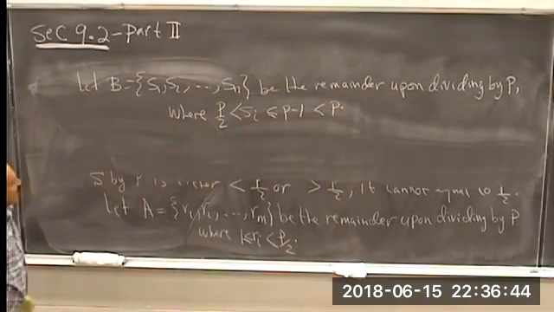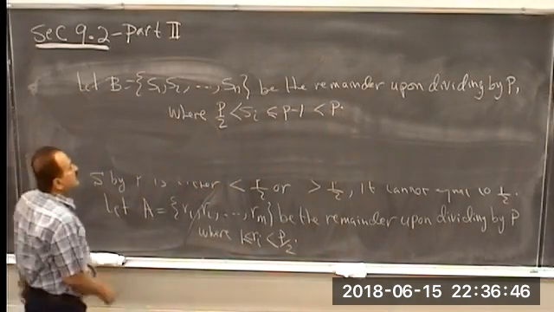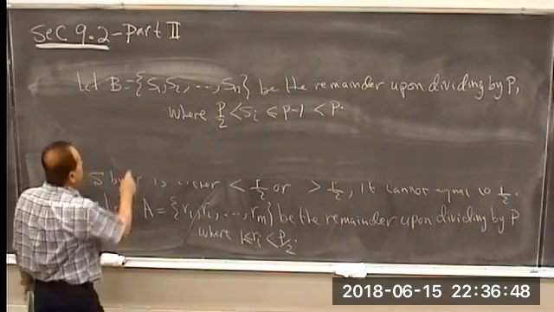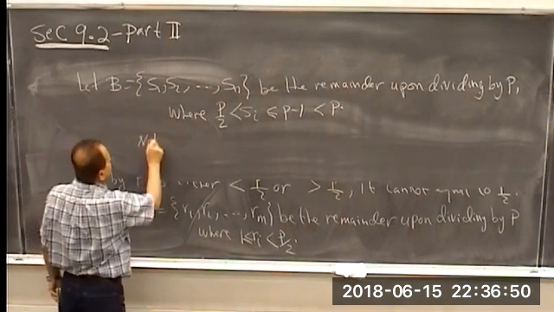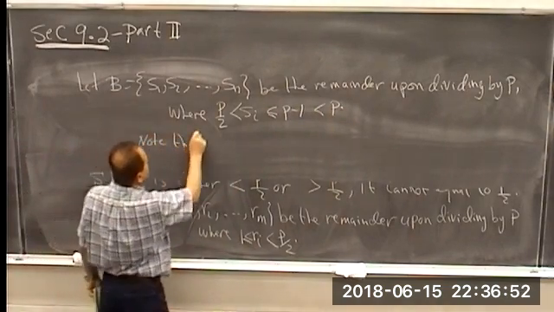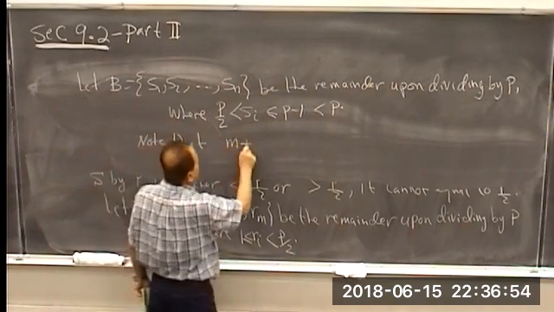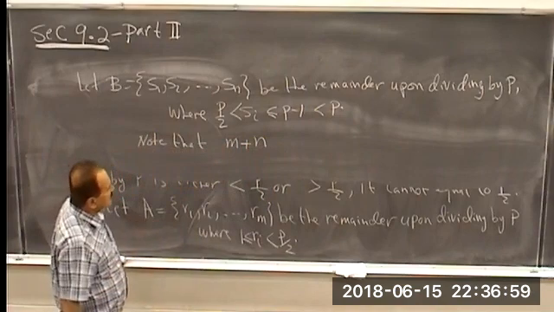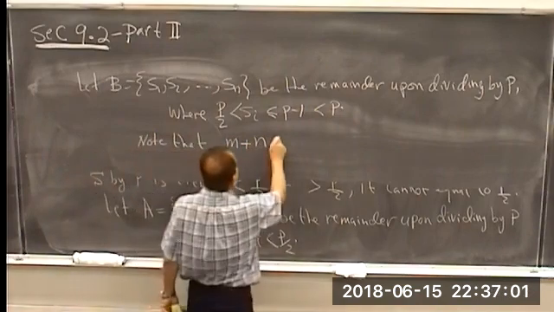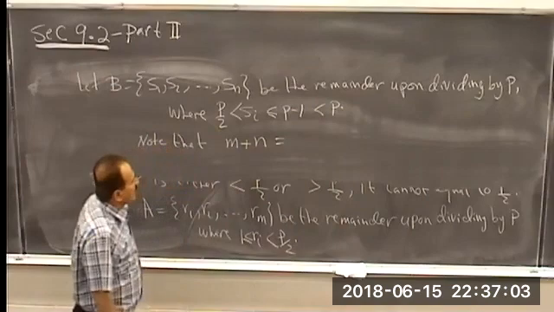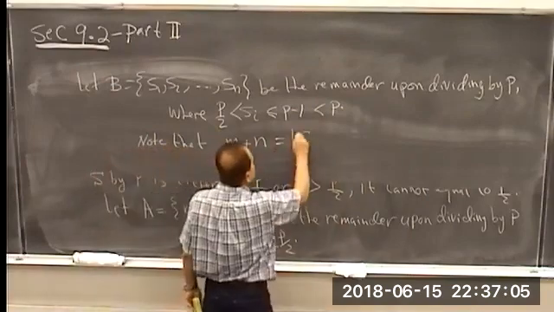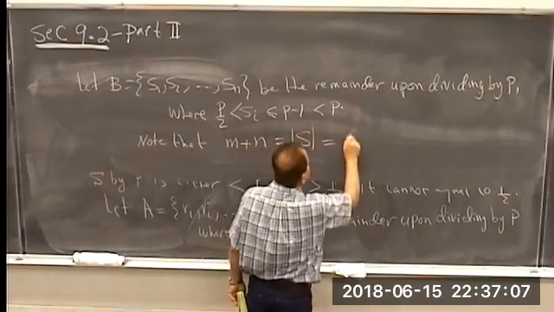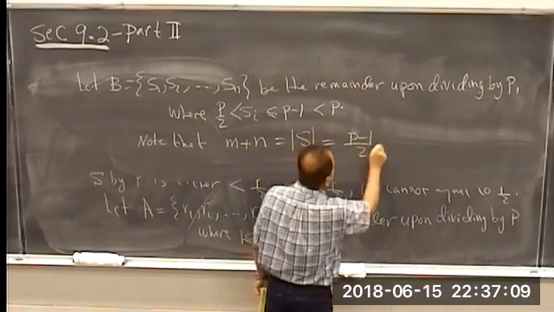All right, now we must have m plus n, the number of elements in A plus the number of elements in B, equal to the number of elements in S, which is (p minus 1) over 2.